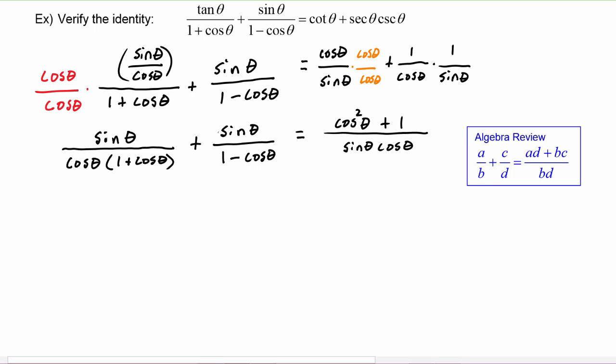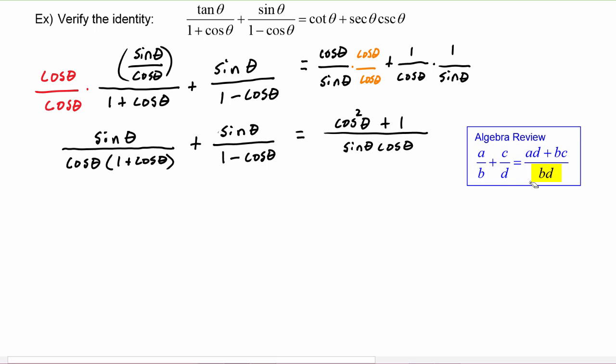Now here we want to add two rational expressions whose denominators are completely different from each other. So we're going to use this algebra rule here.